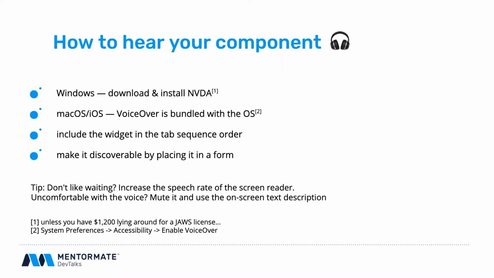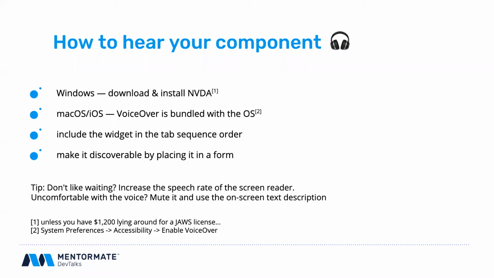If you haven't already, for Windows, I would recommend to download and install NVDA. And the reason is simple. It's probably the best screen reader available for Windows, and it's also free.